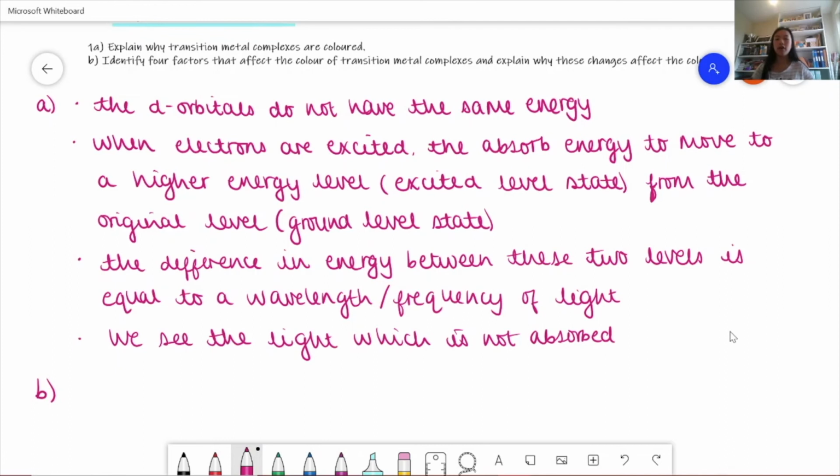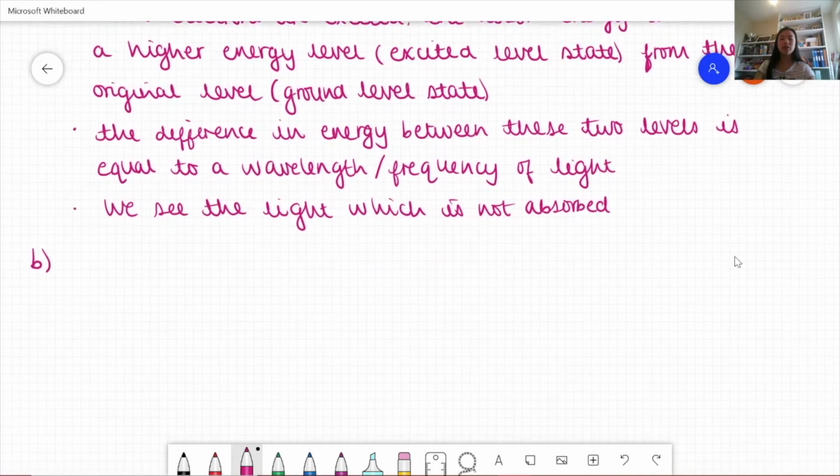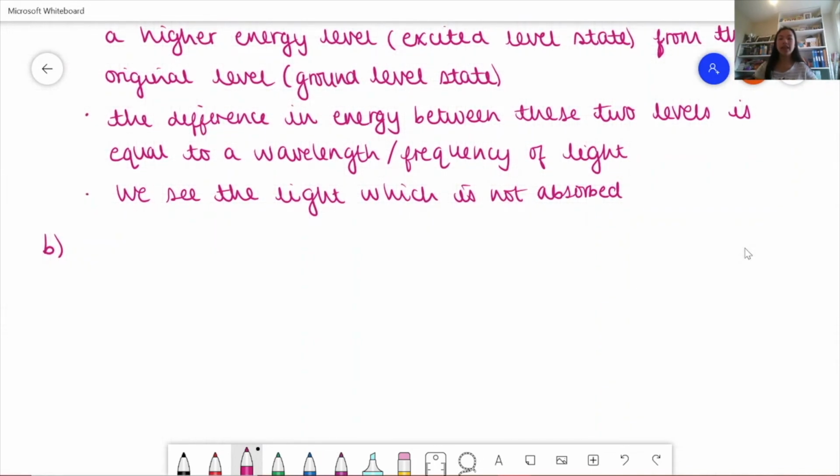So for B, identify 4 factors that affect the colour of transition metal complexes and explain why these changes affect the colour. So 4 changes. The first is the different oxidation state of the metal.